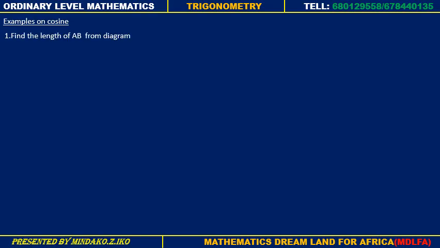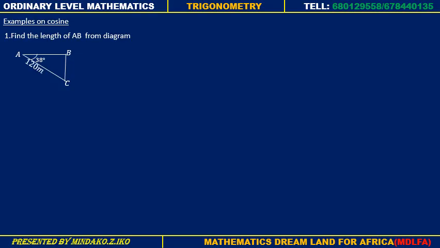Find the length of AB from the diagram. So that is a diagram displayed to you. Now the same case, you cannot just look for the length AB without being given one of the sides, like in the case of sine. Okay, now this is examples on cos.